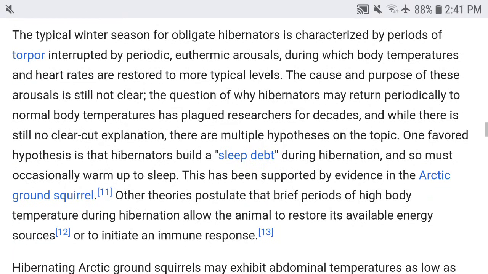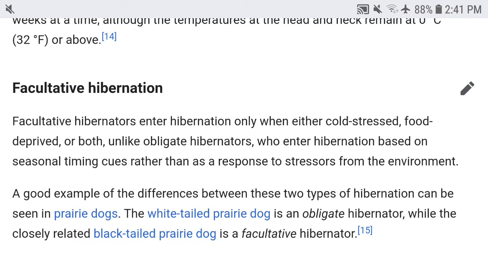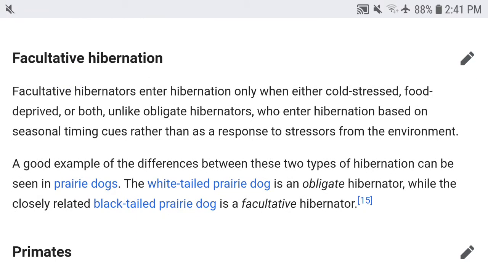Yeah. And then after that, facultative hibernation, okay. Enter hibernation only when either cold stressed, food deprived, or both, unlike obligate hibernators who enter hibernation based on seasonal timing cues rather than as a response to stressors from the environment. I think this also, okay, there's an example here.